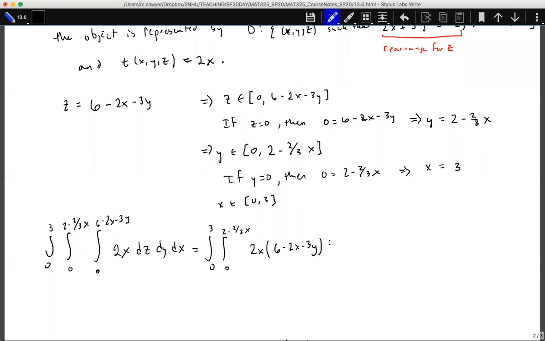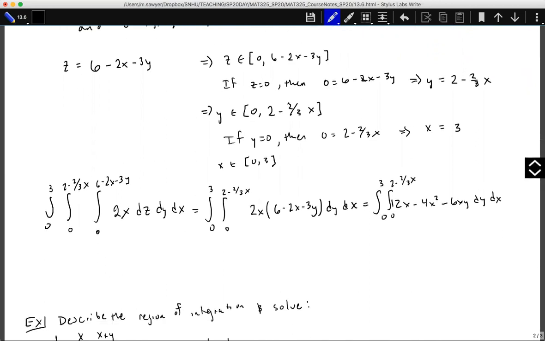And continuing on with dy dx, we get 0 to 3 of 12x minus 4x squared minus 6xy dy dx. So let's drop the y integral, 0 to 2 minus 2/3 x. And as we can see, this is an easy polynomial to solve.